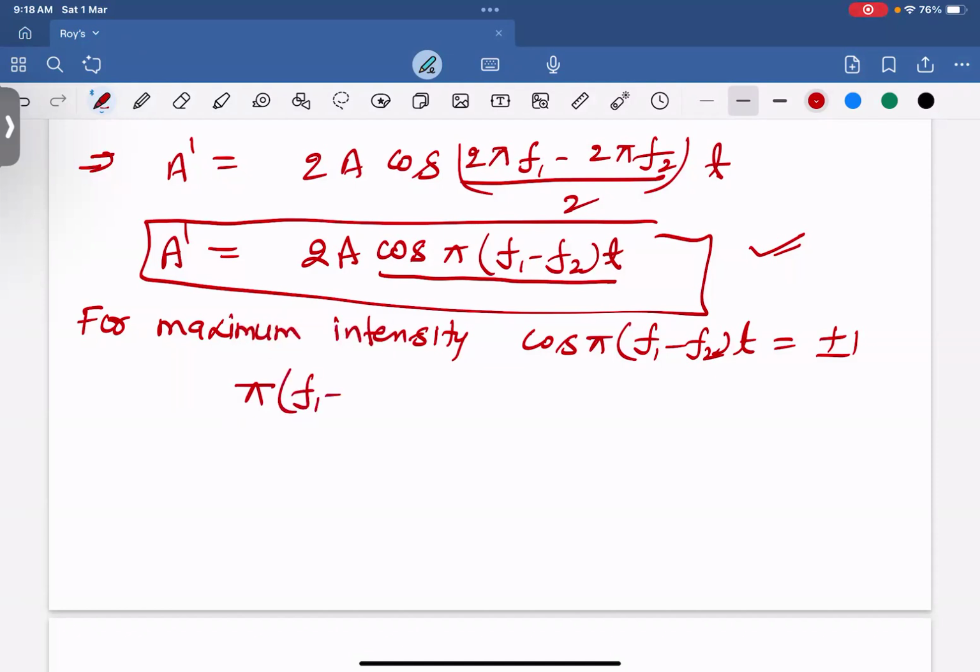So it is pi (f1 minus f2) into t is actually n times pi. N you can take 0, 1, 2, any integer.